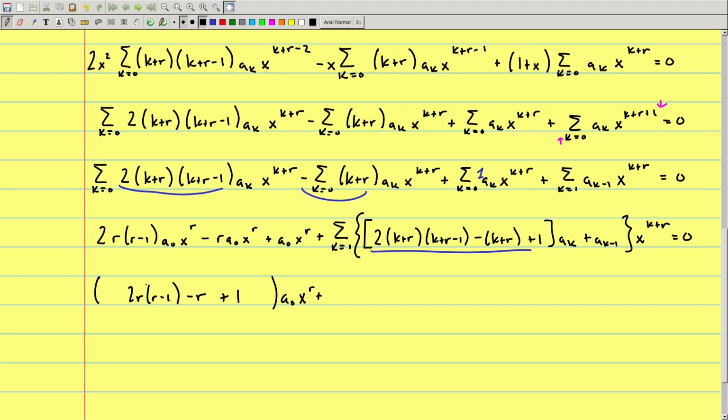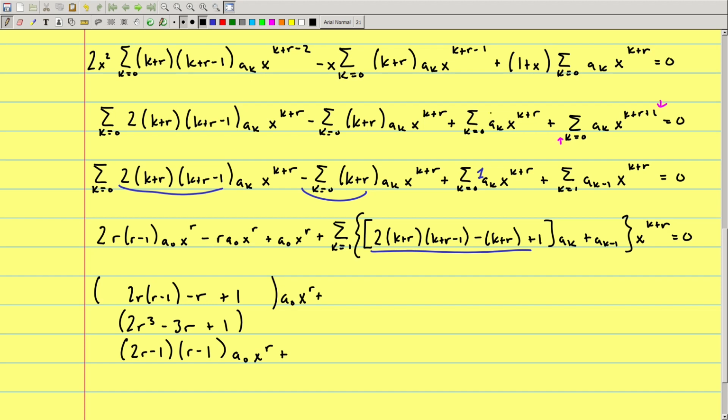And if we multiply all of this out, that's going to give us 2r squared minus 3r plus 1. And that expression factors.